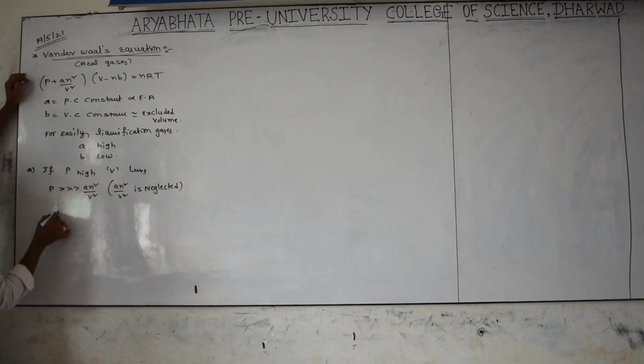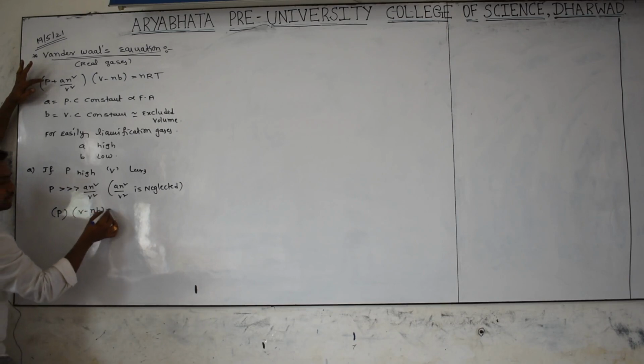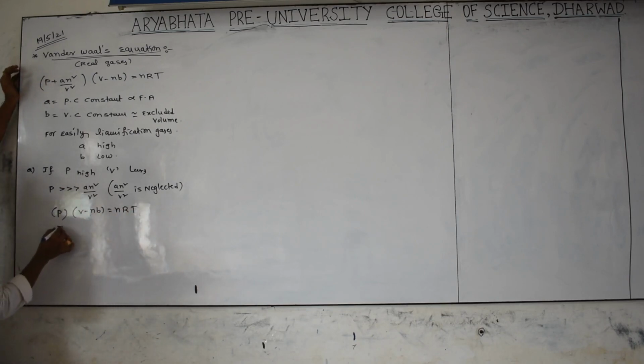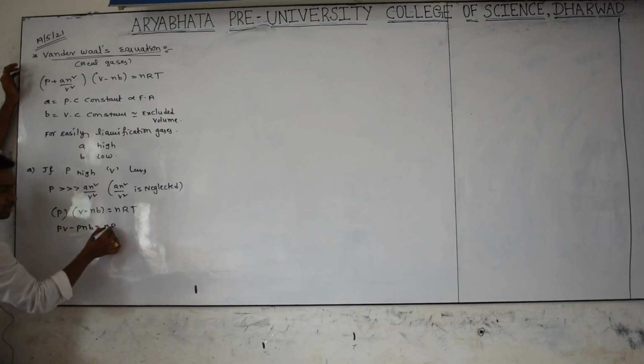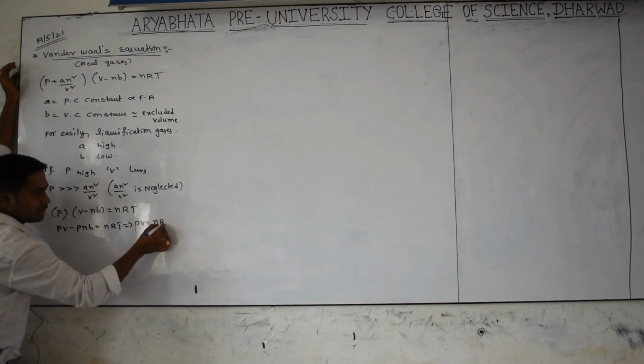Then what are we getting? P(V − nb) = nRT. Simplify: PV − Pnb = nRT. That implies PV = nRT + Pnb.